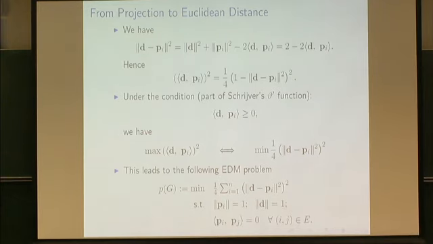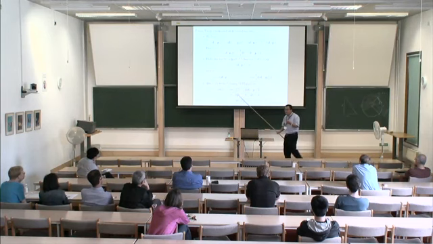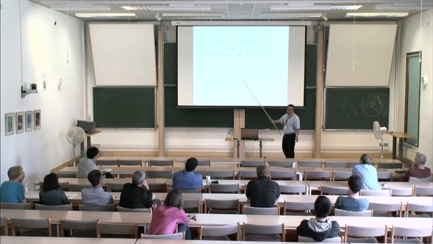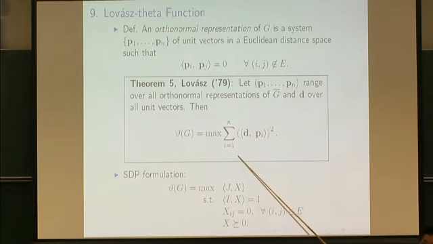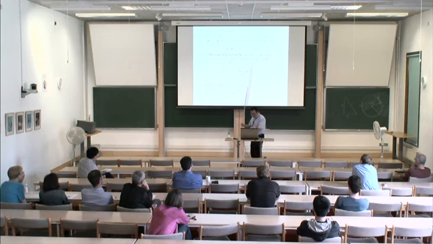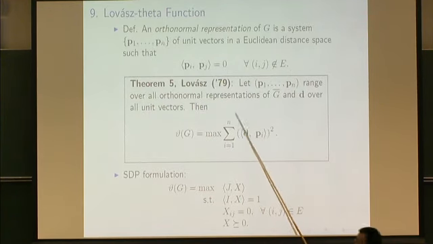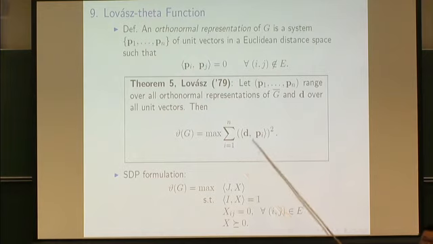It gives you the same solution, but we are only talking about a pair. The problem here is that you want to do the sum, not just a pair. If it's just one pair, maximizing the projection minimizes the distance. This distance is related to this. But the problem is, as I said, the definition of the quantity is to maximize the sum over all the pairs.